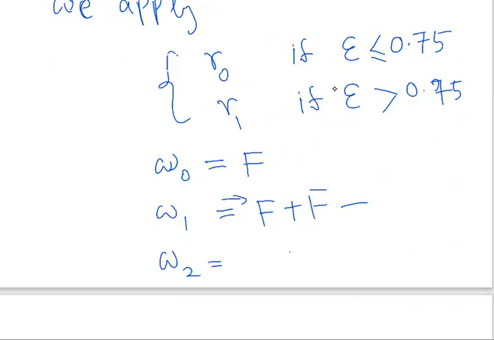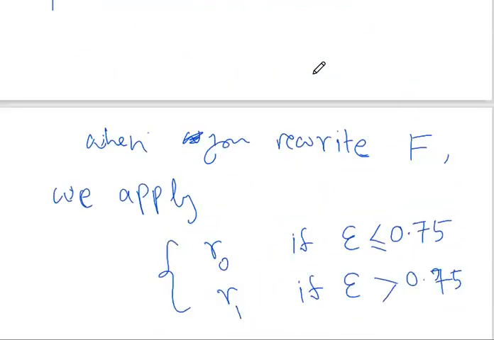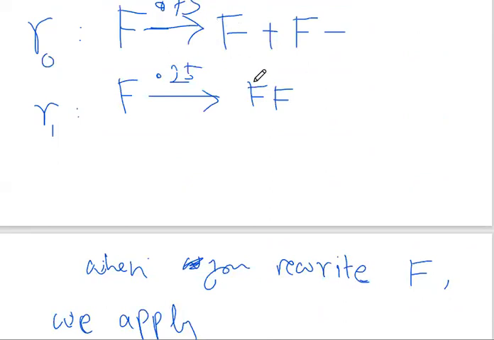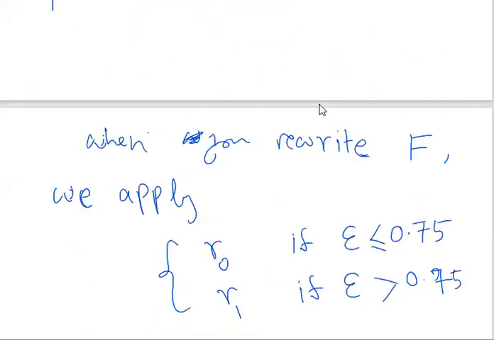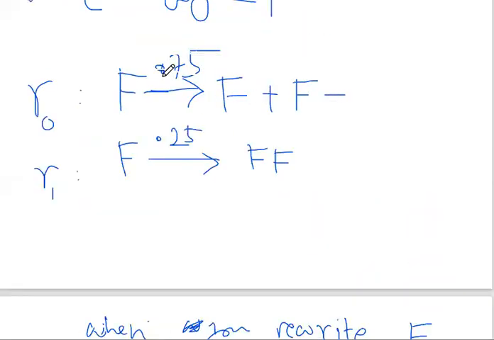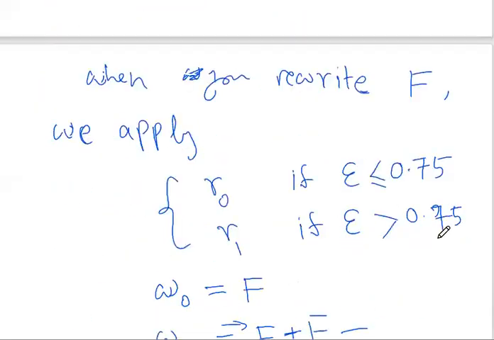Then F is replaced with F plus F minus. And the second character is a constant, so I leave it as it is. The next one is F. For F there are two rules, but to identify which rule to use we have to look at the random number.